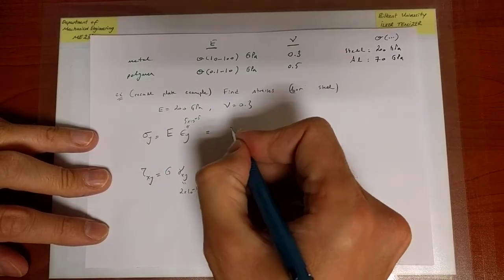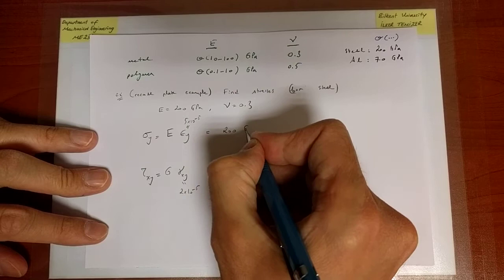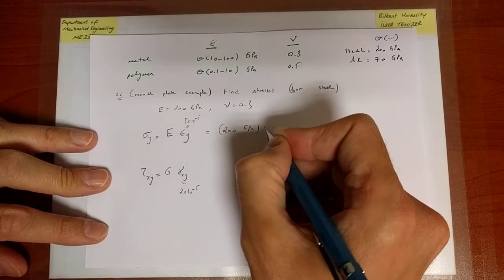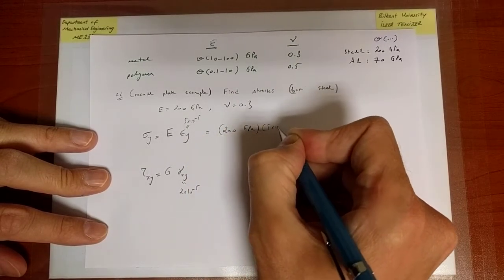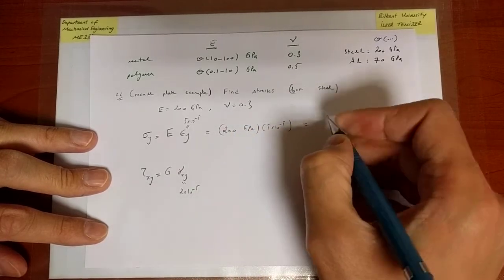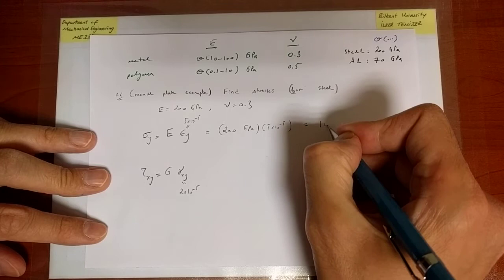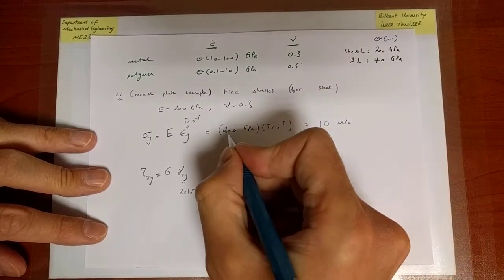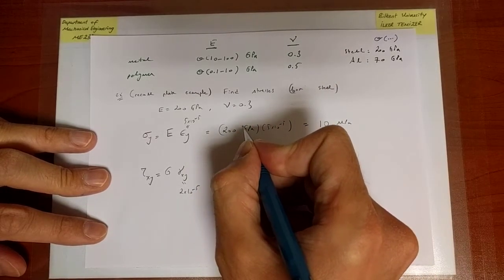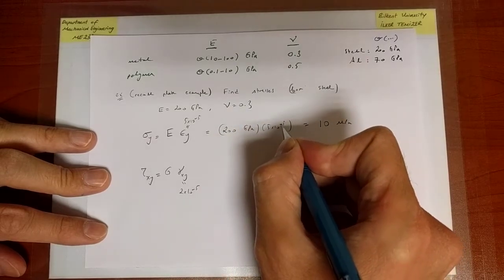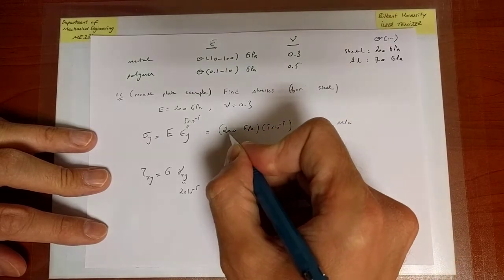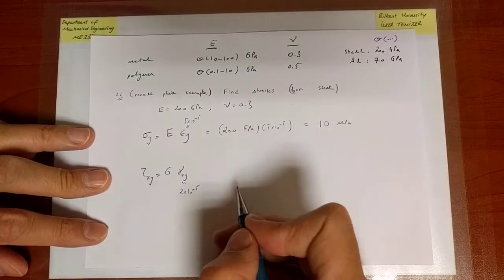So the result for the normal stress is 200 GPa times 5 times 10 to the minus 5. This is like 2 times 10 to the 3 MPa, the 10 to the 3 cancels with the 10 to the minus 2 and cancels these two zeros, and 2 times 5 is 10 MPa.